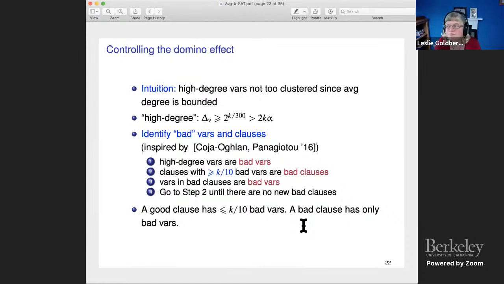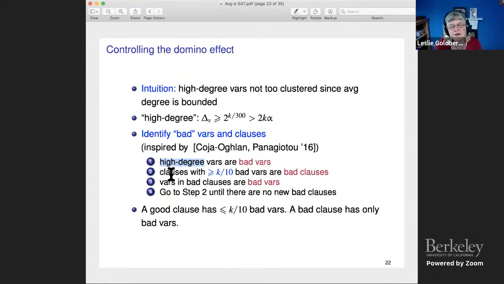So we use an idea that was inspired by Amin and Panagiotou, which is that we run a little kind of bootstrap percolation process to try to figure out which variables are causing the trouble. So to start out, the high degree variables, they're bad.